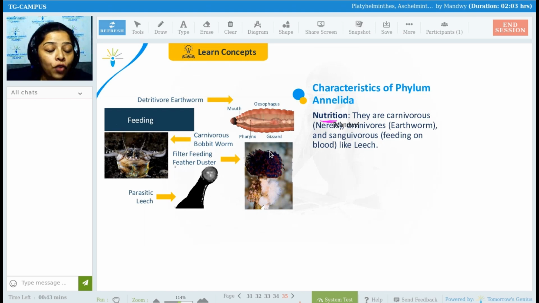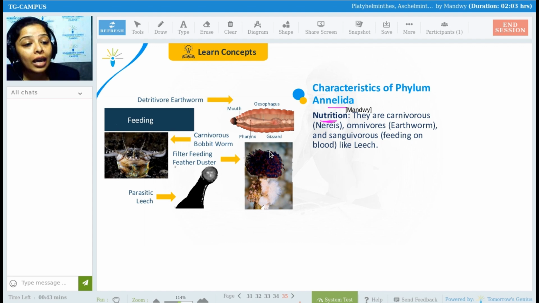Nutrition. From the nematodes onward, the organism has a complete digestive system. As the Annelida have the organ system level of organization, definitely they will have a complete system for digestion.